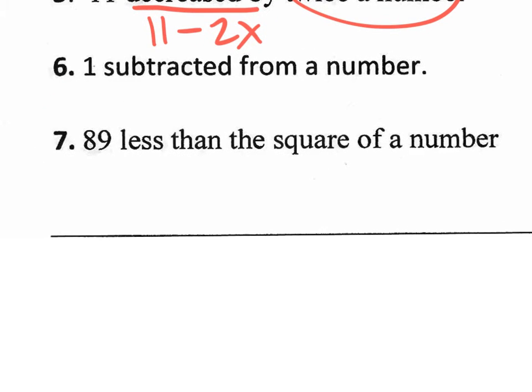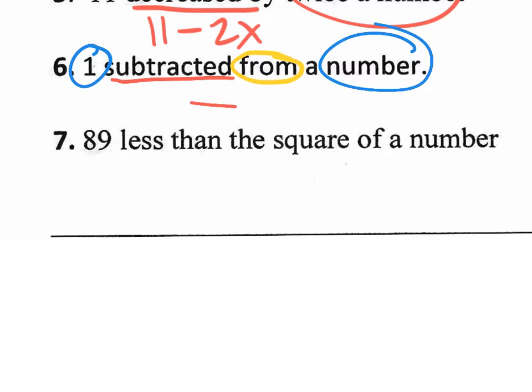Like 6 and 7. Number 6, it says subtracted from, which implies a switch in order. So subtracted, that obviously is a subtraction sign. What are we subtracting? This and this. So you're going to switch the order. Put the x first, and the 1 second. So on number 6, it's really x take away 1.